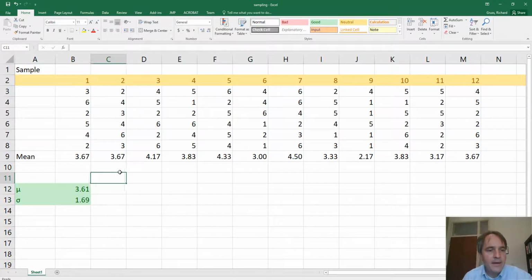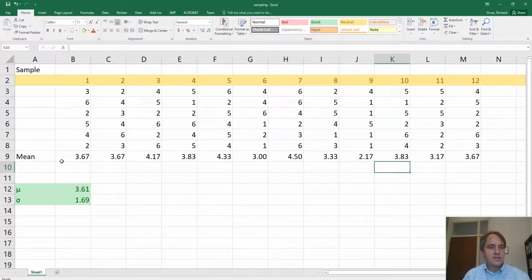Okay. Now notice that from sample to sample, I have a different mean. And this is pretty important. If you look across this row here, the expected value of this would be 3.5, but because of the randomness inherent in drawing a sample, we've gone as low as 2.17 here and as high as 4.5 here.